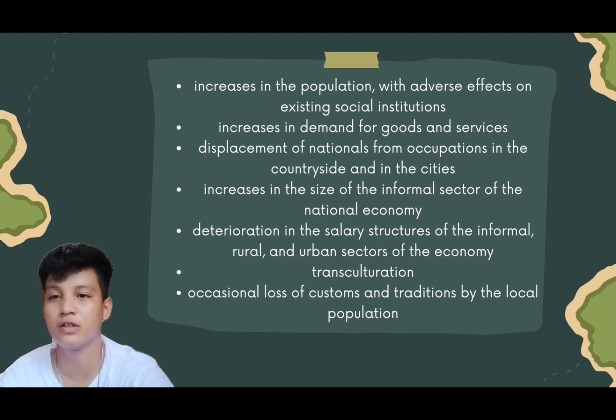Disadvantages for receiving countries and developing countries. So, migrants can induce social, economic, and political problems in receiving countries, including increases in the population with adverse effects on existing social institutions, increases in demands for goods and services, and also displacement of nationals from occupations, and movement from the countryside to the cities, and increases in the size of the informal sector in the national economy, deterioration in salary structures of the informal, rural, and urban sectors of the economy, and also transculturation.